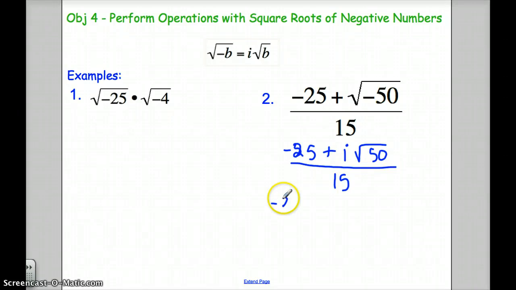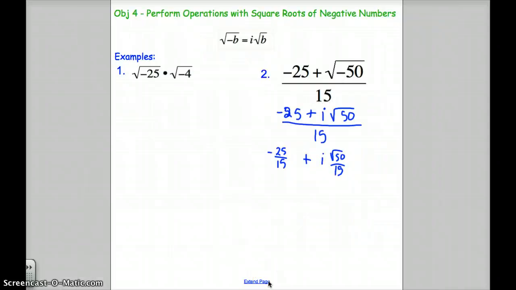So I'm going to rewrite this as negative 25 over 15 plus i times the square root of 50 over 15. So I can start thinking about how to simplify. When you simplify radicals, remember you're looking for perfect squares. So the square root of 50 can be written as square root of 25 times the square root of 2.